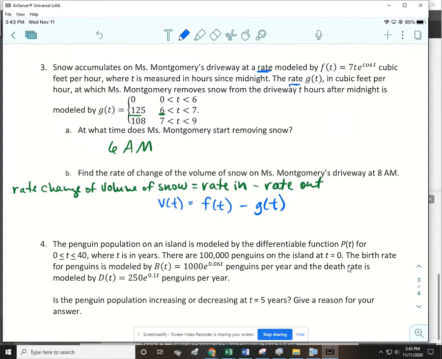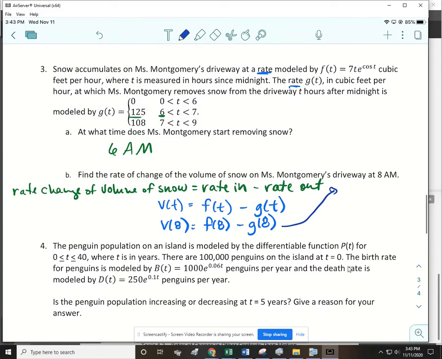All right, so what we would want to do is go ahead and find V of 8. So it's going to be f of 8 minus g of 8. When I put 8 into the f function, it's 7 times 8 e to the cosine of 8.